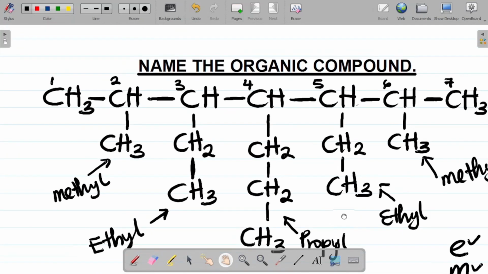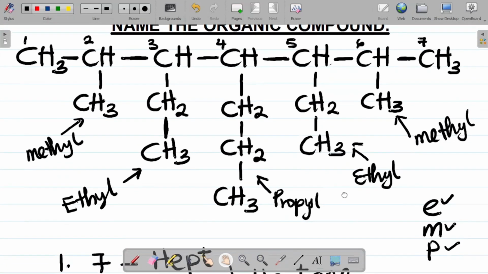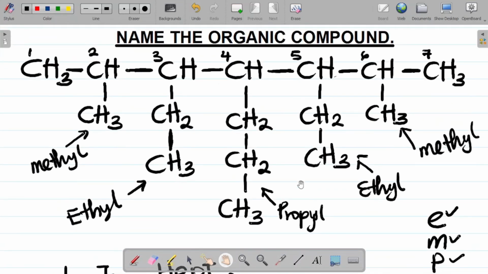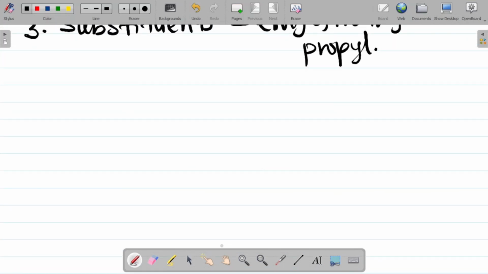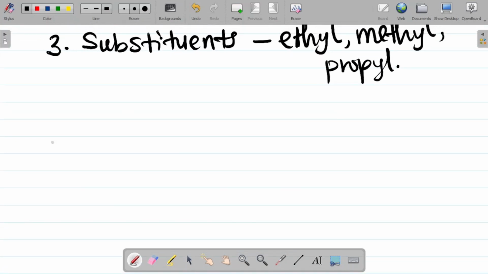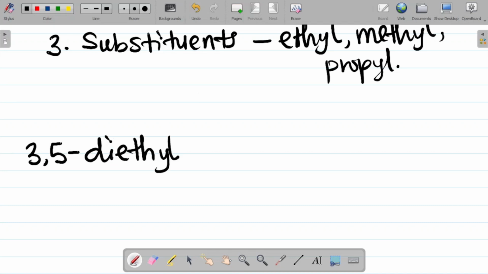Alright, with this done, let's see how we can name this compound. First things first, let's take the ethyl. Observe that this ethyl is attached to carbon 3, that's this. Also, this is attached to carbon 5. So it becomes 3,5. Since I'm having two ethyl, it becomes diethyl. So let's write this down. The name of the compound becomes 3,5-diethyl.